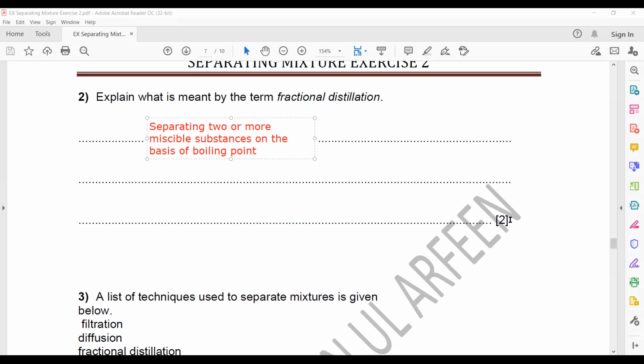Not immiscible, it is miscible. Abdullah Sarfraz, separating two or more miscible substances. Miscible means which mix with each other, on the basis of the boiling point.